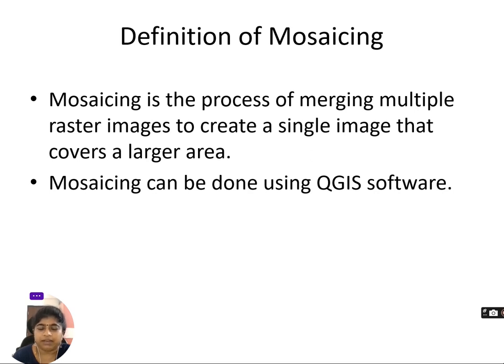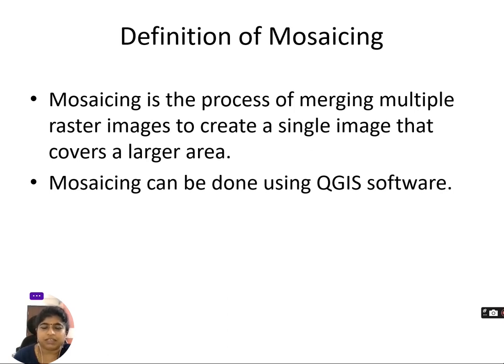So one particular tile might not cover the entire administrative boundary. So in that case, more than one tile needs to be downloaded and merged together as a single file in order to carry out the analysis. So for that purpose, this mosaicing tool helps.